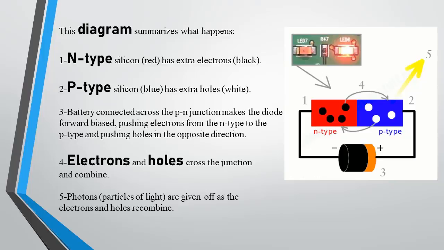Electrons and holes cross the junction and combine. Photons, particles of light, are given off as the electrons and holes recombine.